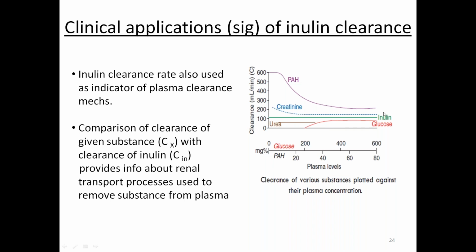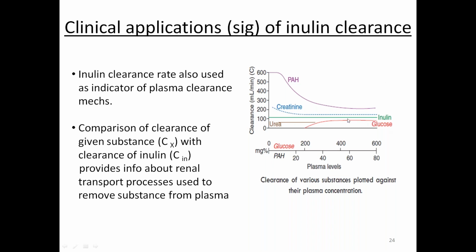Now, this graph is important. You might get a question showing this graph. Look at creatinine also. It's starting from a higher value and then again becomes constant and close to that of inulin.